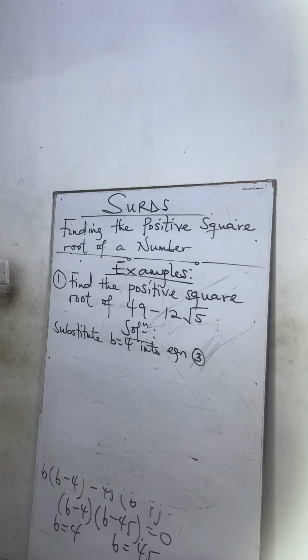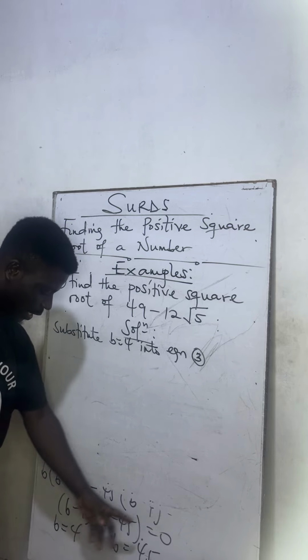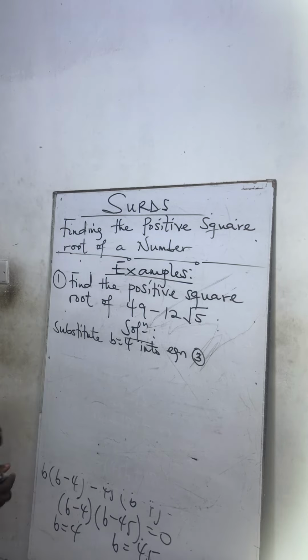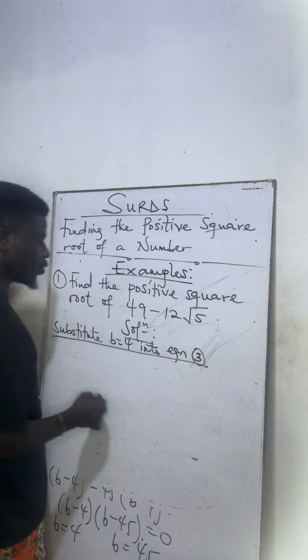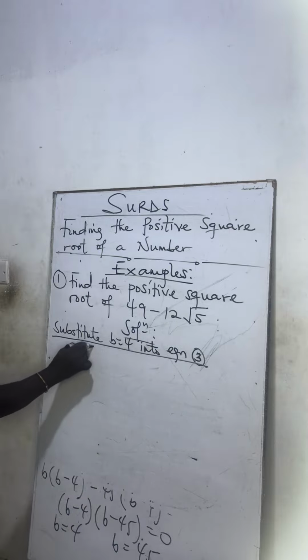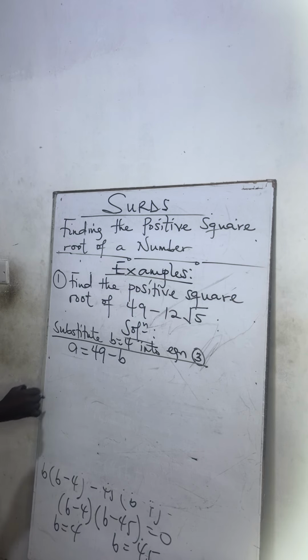So now, since we have two values for b, 4 and 45, we substitute b equals 4 into equation 3. And don't forget, equation 3 is this. So we get a to be equal to 49 minus 4. We get a to be 45.